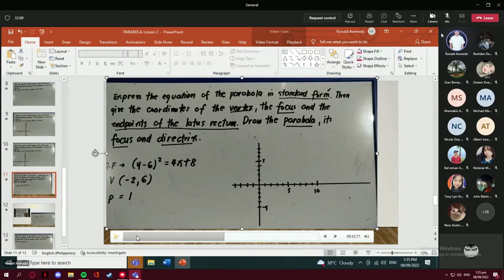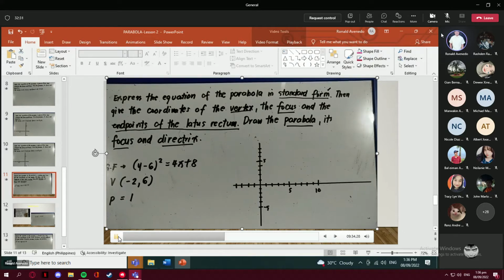Okay. I hope na screenshot yung first part ng ating solution because this time we'll be having the remaining unknowns, but we will be using the counting method. So focus tayo doon sa standard form, the vertex, and the value of p.